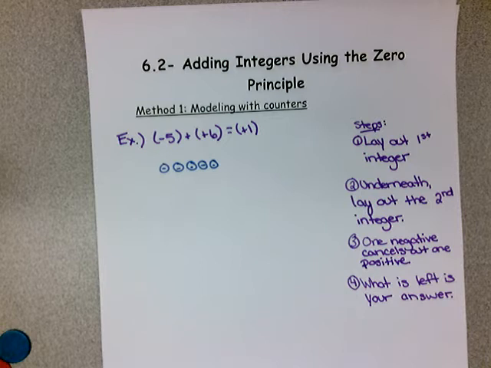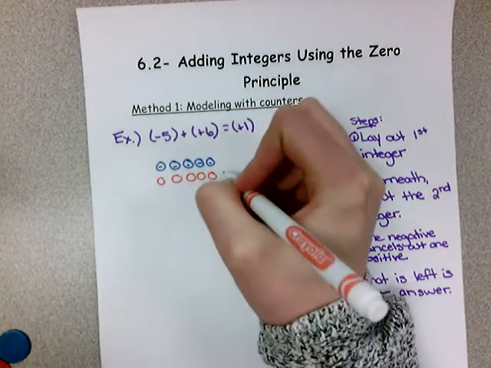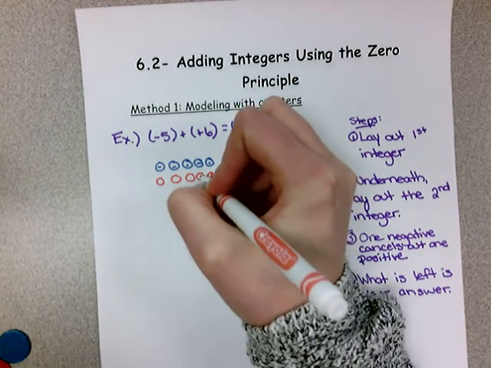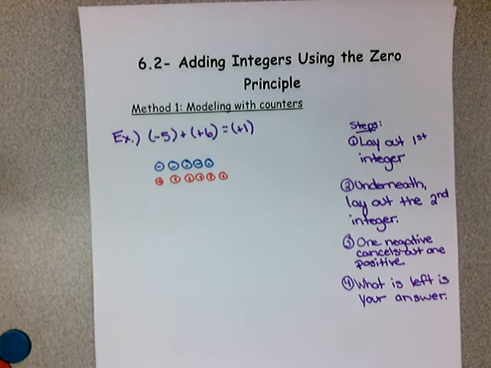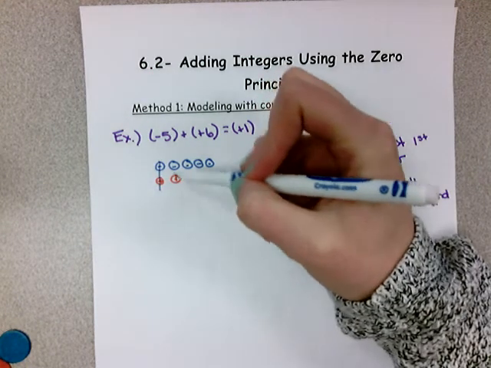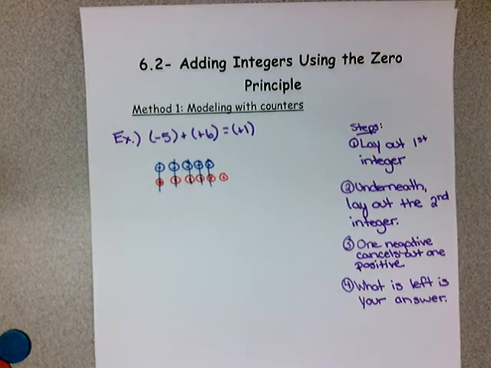Then underneath, you're going to do the 6 positives, so 6 circles with the positive sign in it. Then we can show that we know what the zero principle is and cancel these ones out, and we're left with +1.